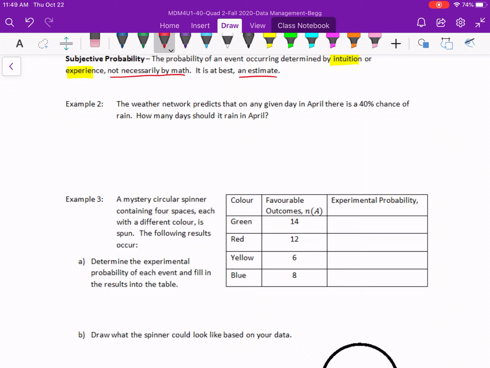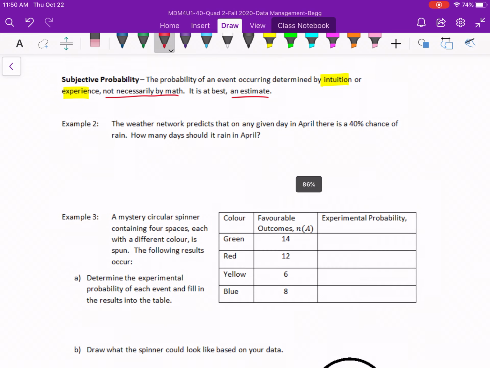Well, actually, there is some math involved in this, but let me just give it a slight skew for subjective probability. I'm looking at the window right now, and I see clouds in the sky, and I'm not using advanced techniques for predicting rain like the Weather Network would, but there's some clouds there, and without knowing anything else, I'd say maybe there's a 50% chance of rain in the next hour.